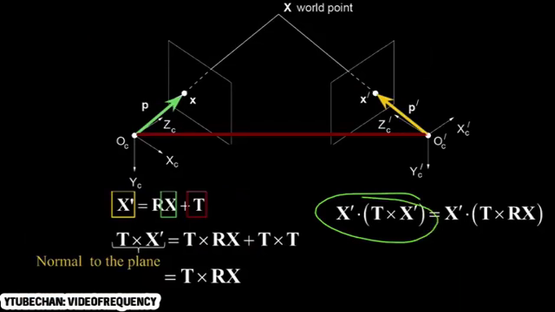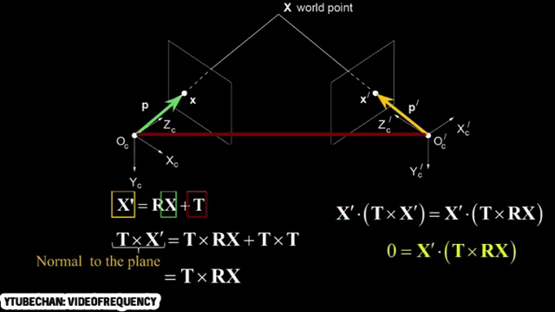T cross x prime gives us a vector that's perpendicular to the plane containing t and x prime. So it's perpendicular to t and perpendicular to x prime. And then I dotted it with x prime. So what am I going to get? 0, because it's perpendicular. And there it is in yellow: 0 is equal to x prime dot t cross Rx. So far, so good?